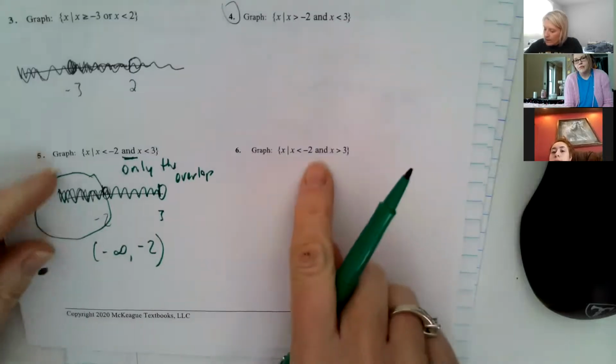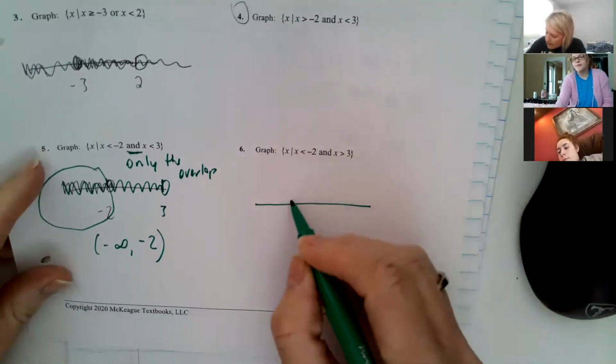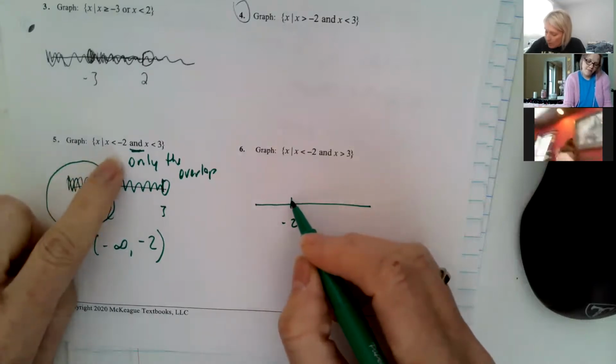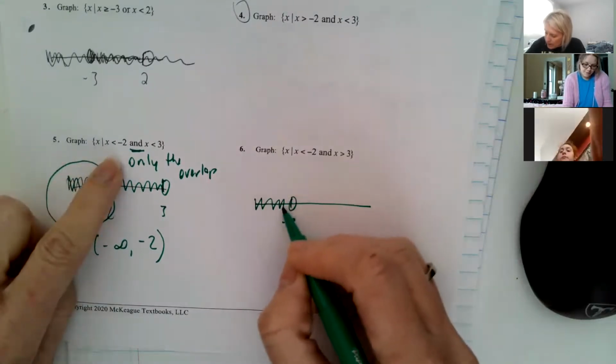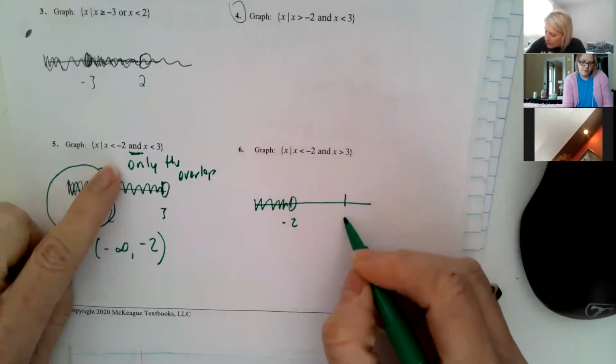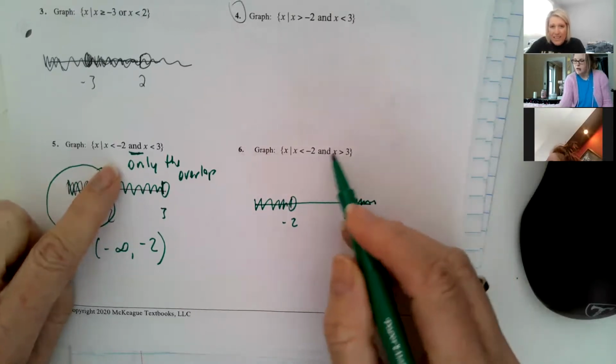So let's look at 6. So x is less than -2, which is similar to number 5, right? So an open circle, shade to the left, and x is greater than 3, so open circle and shade to the right, and it's an and.